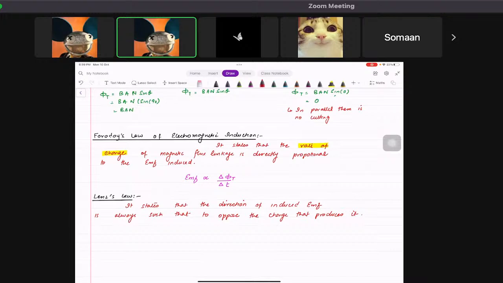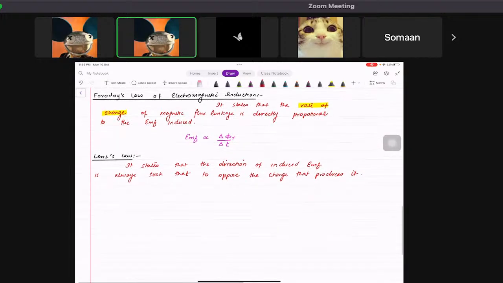Now, think about it this way. Suppose there was a coil like this, and this coil was connected to a meter, let's suppose an ammeter.